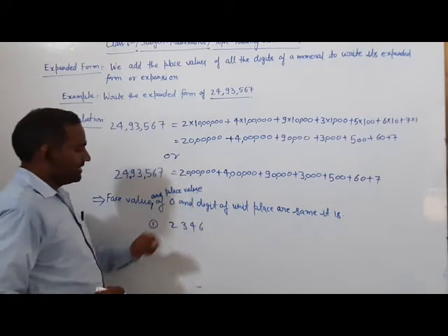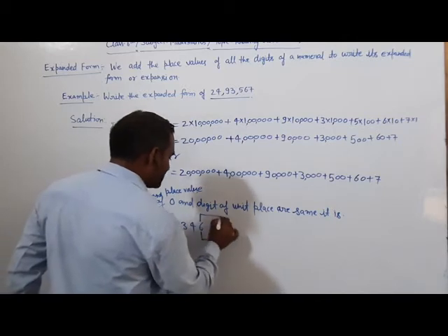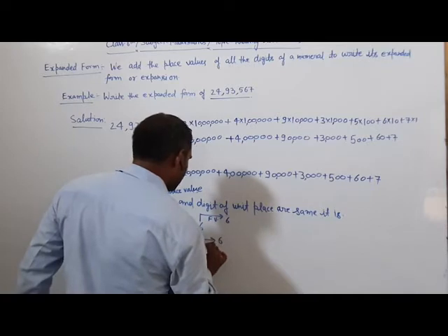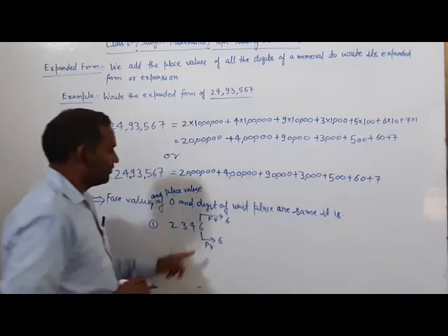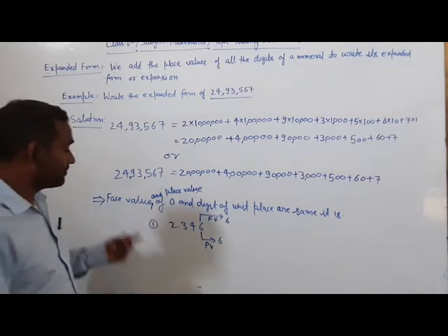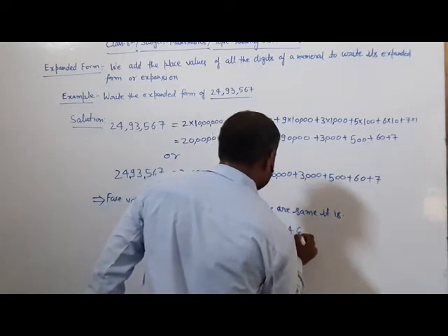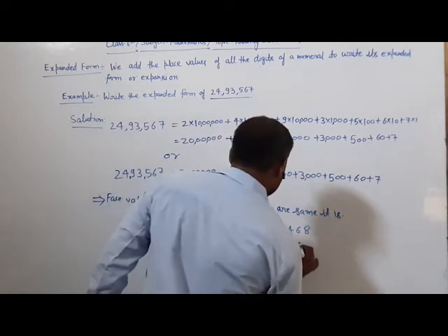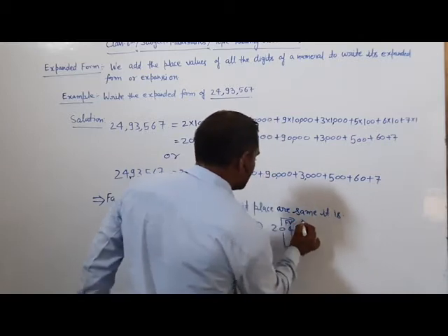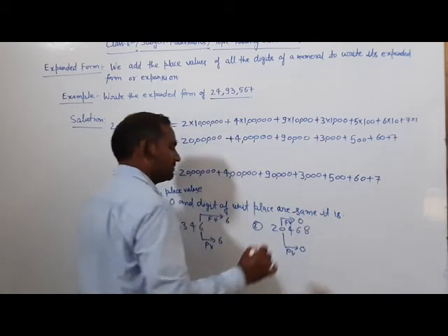Here the face value of 6 is 6, and the place value is also 6. Face value and place value are both the same. In the second example, 2, 0, 4, 6, 8, the face value is 0 and the place value is also 0.